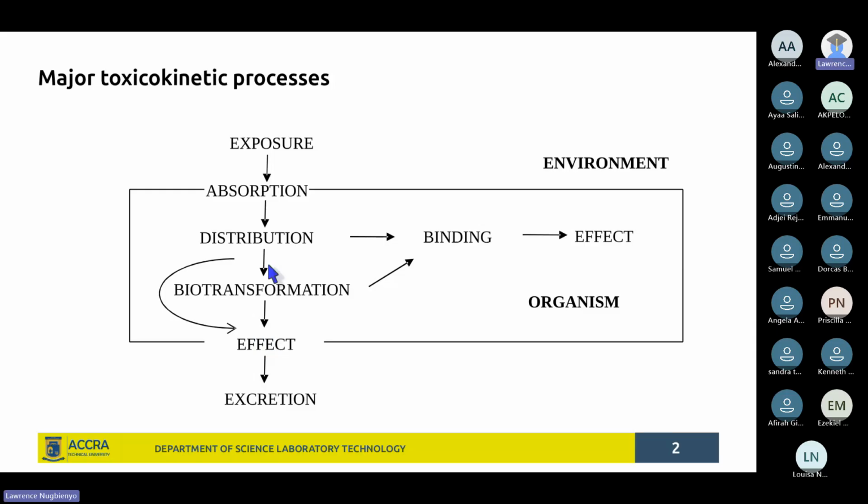So what you notice here is that either the substance is having a direct effect on a target cell, on a target tissue, or if you take the horizontal pathway, the substance binds to some proteins, which means to form some complex with some proteins, and it is that complex which will then be having the toxic effect within the organism.